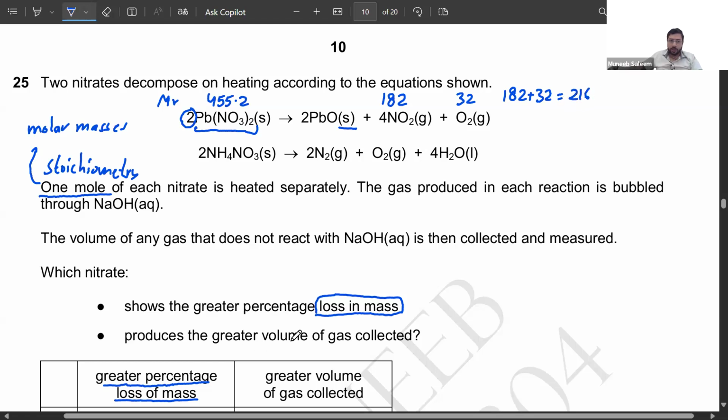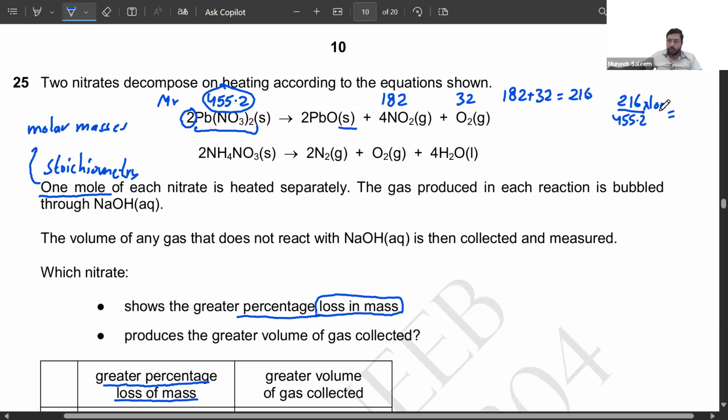Now I have to calculate the percentage loss. For this purpose, I will take the mass of the gas in the numerator, 216, divided by the mass of the compound initially. Keep in mind that I have multiplied this 2 with the mass of lead nitrate. So 455.2 into 100.